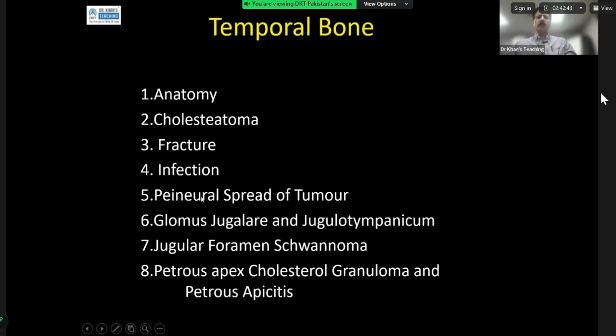This will also consolidate your anatomy questions. Glomus tumors, glomus jugulare and jugulotympanicum, then jugular foramen schwannomas, and then petrous apex granuloma, cholesterol granuloma, and petrous apicitis. So these are the things which we are going to cover today.